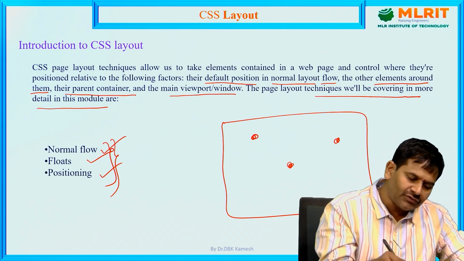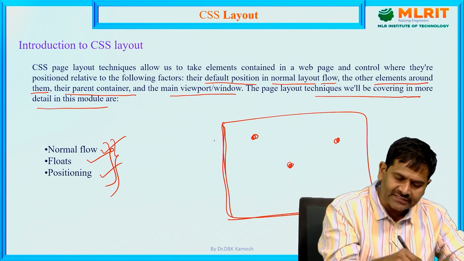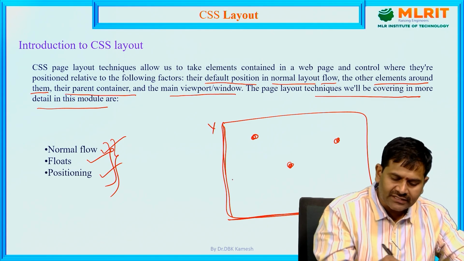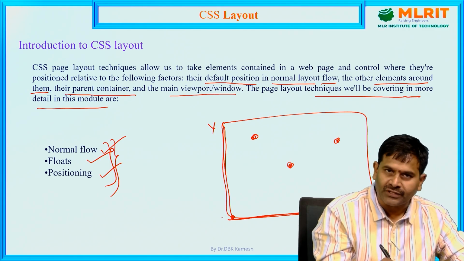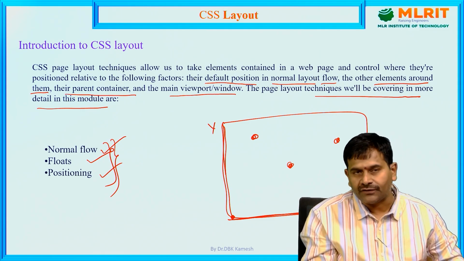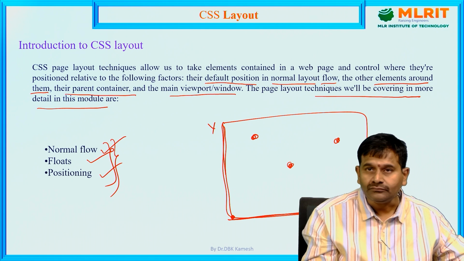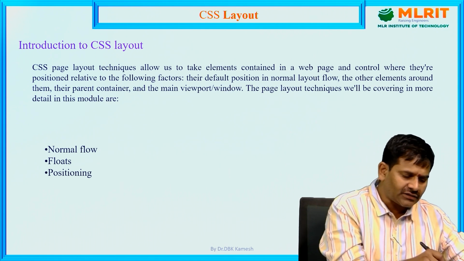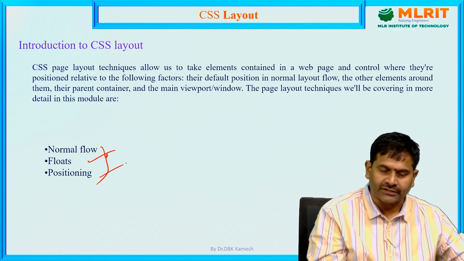For example, take the x-axis and y-axis, and look at each position. These factors are considered in a particular web page. There are three varieties: normal flow, floats and positioning.